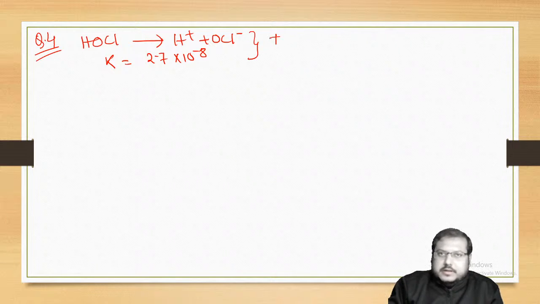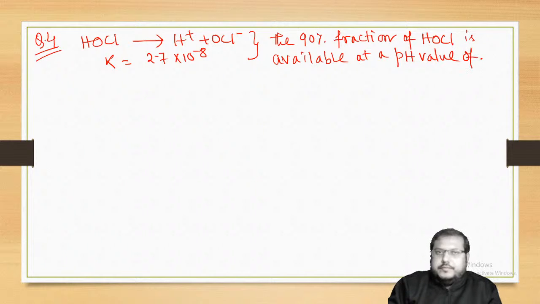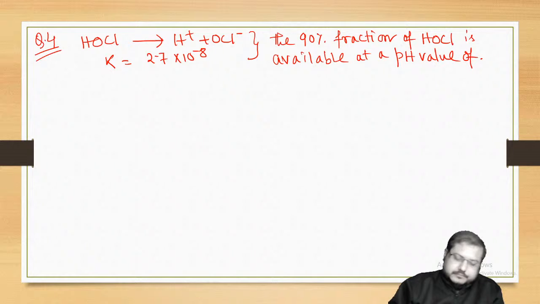Asked: 90% fraction of HOCl is available at a pH value of? Question number 4.